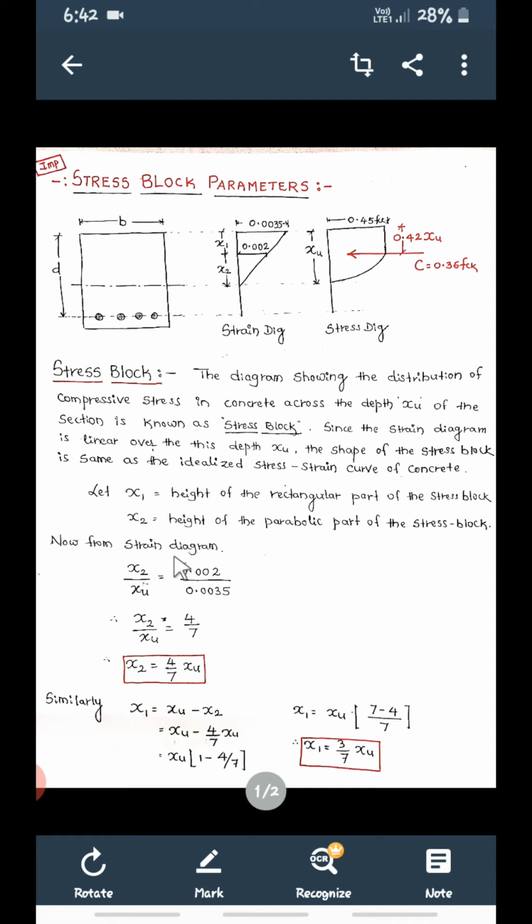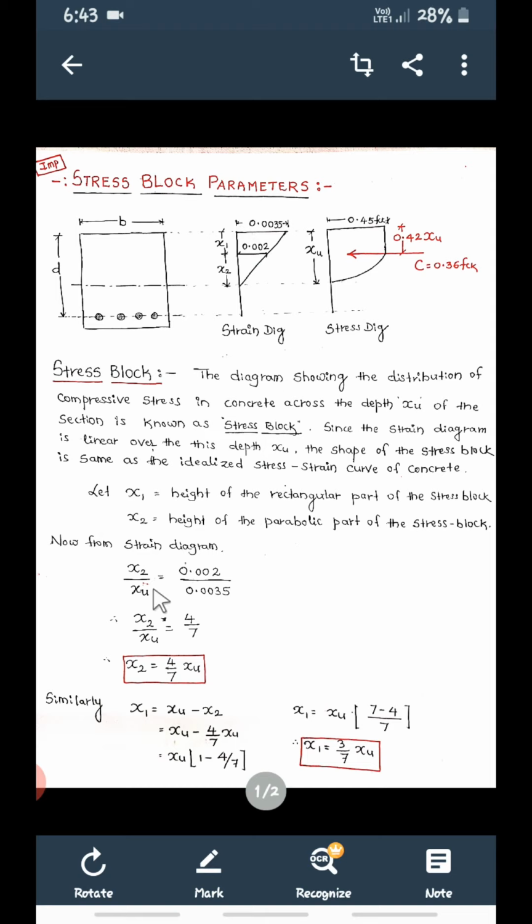From this strain diagram, using similar triangles, I can write x2 divided by the total height xu is equal to 0.002 divided by 0.0035.